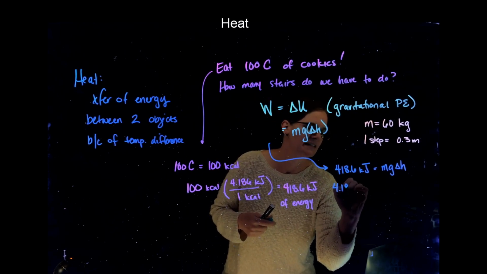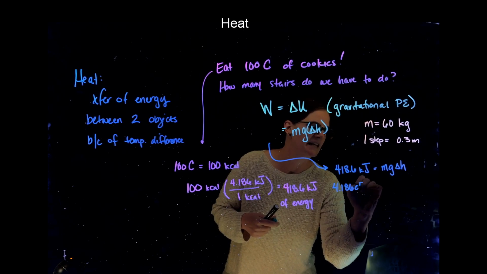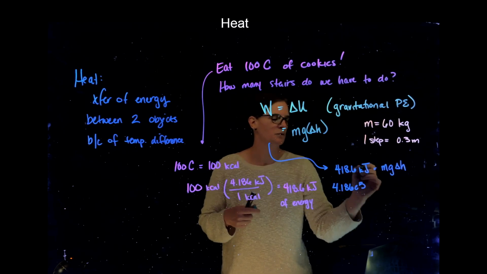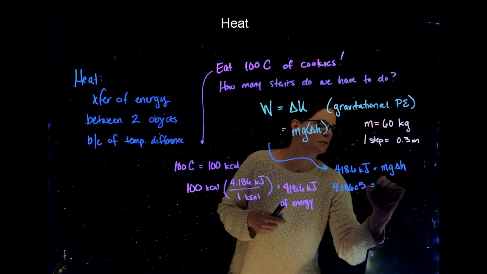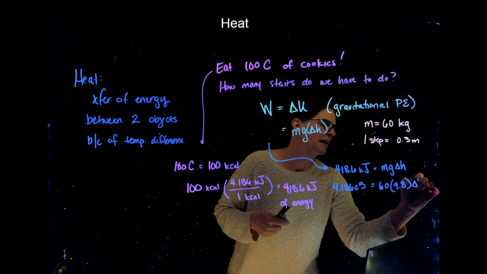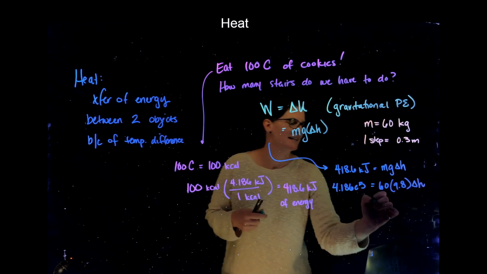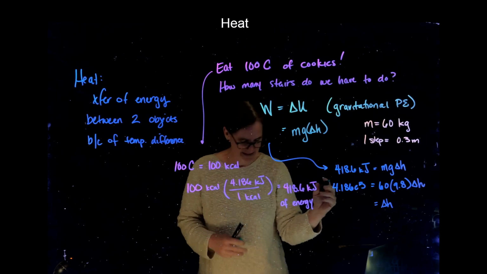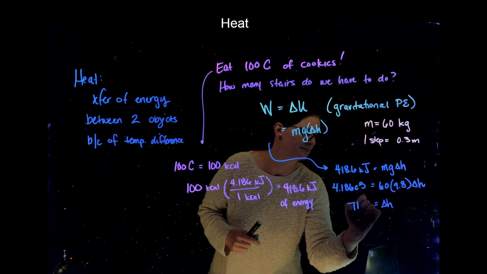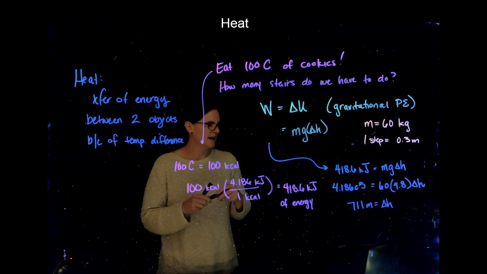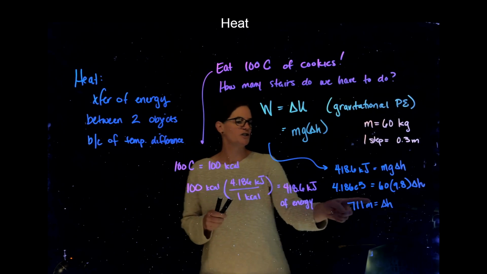So we have 4.186 times 10 to the 5th joules, is equal to our mass of 60 times 9.8 times our change in height. And we find our change in height to be 711 meters.